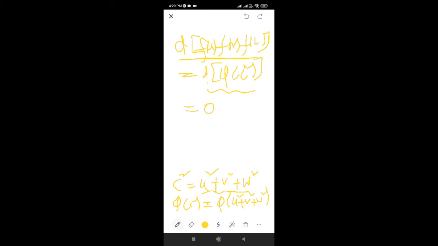Each time you differentiate only one function and leave the other two as they are. So it is f dash of u, f of v, f of w, plus I leave f(u) as it is, differentiate the middle function and leave the last function as it is. Next, plus I leave the first two functions as they are.